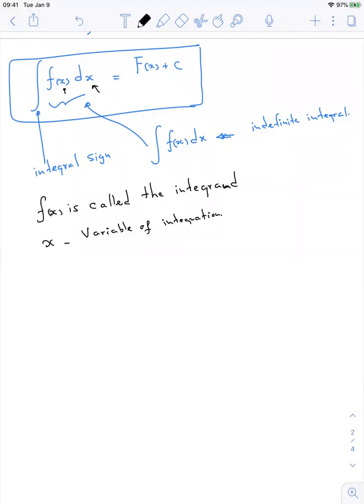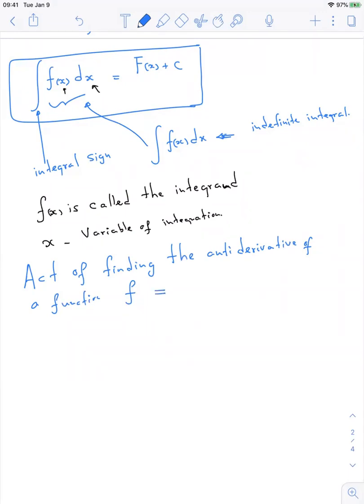Now as you see, integration is the act of finding the antiderivative of a function f, right? So if I write it here, the act of finding the antiderivative of a function f is equal to integrating f.